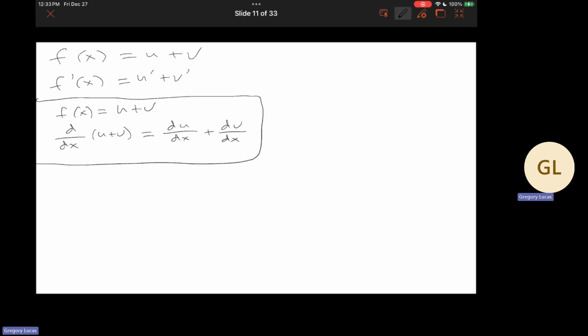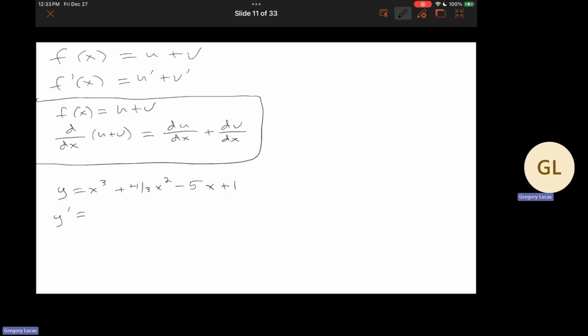I like it a little bit better, but this is just telling us what we're taking the derivative with respect to. So that's just a little extra piece of information. So if we want to take the derivative, let's say, y equals x to the third plus 4/3 x squared minus 5x plus 1, we can take it term by term. That's what this sum rule is telling us.